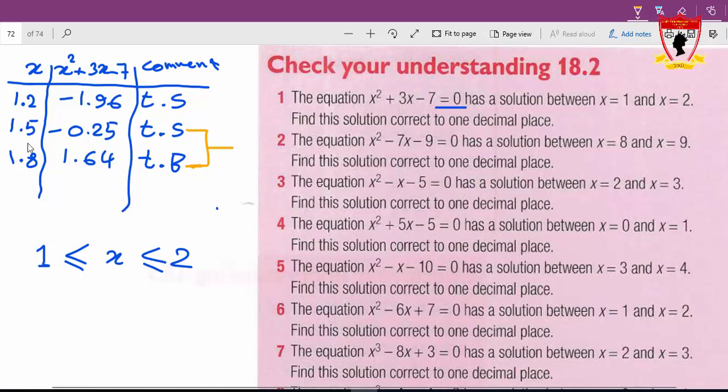So let's pick something between 1.5 and 1.8. We can say 1.6, or 1.65 if you want a more accurate answer. Let's pick 1.6.